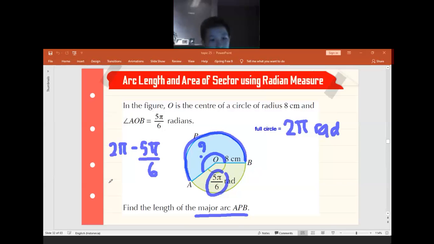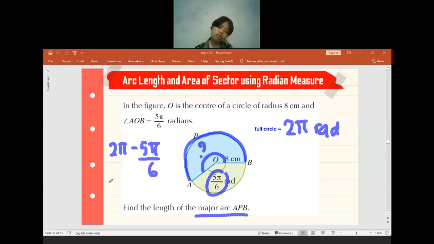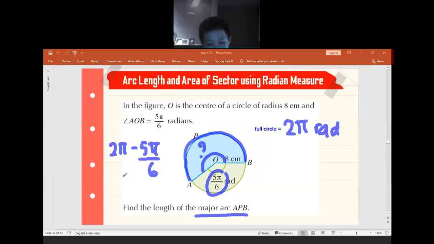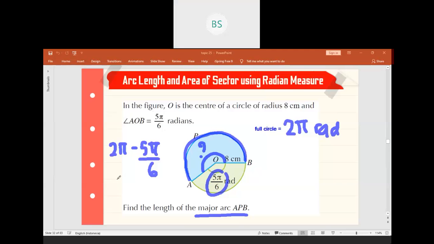5.45. Is it 1 over 6? No. 3.67. No, keep it with the pi. 7 over 6 pi. Yes. Anyone who is confused? Teacher, how do we type it in the calculator? Type 2 pi directly.